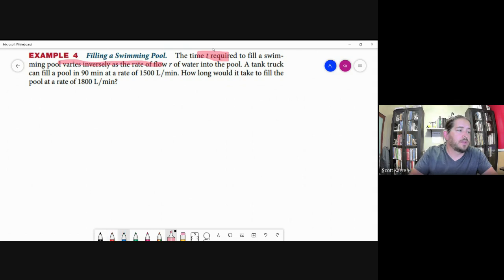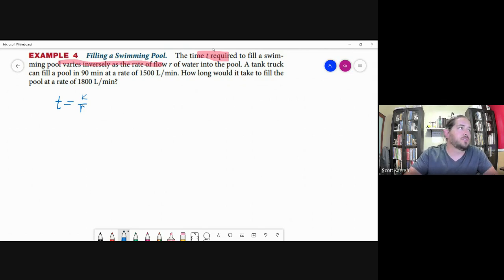So time varies inversely with rate. I can have t equal time, r is rate, and then my inverse relationship is t equals k over r, where k is that constant of proportionality.